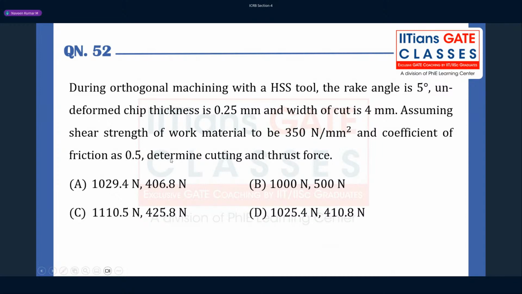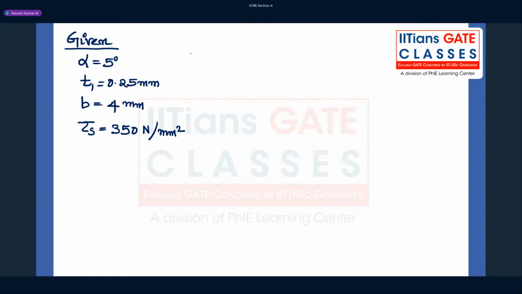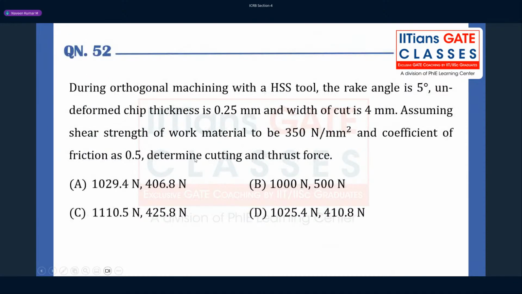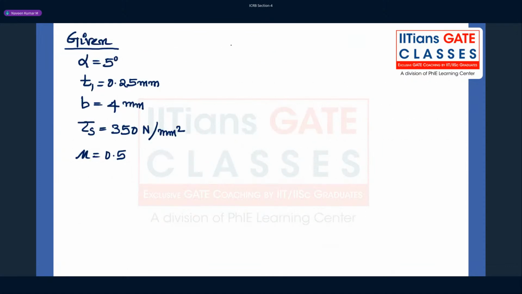Determine the cutting force and thrust force. Coefficient of friction is also given as 0.5. Let me take mu equal to 0.5. With this given data, they are asking to determine the cutting force Fc and the thrust force Ft.